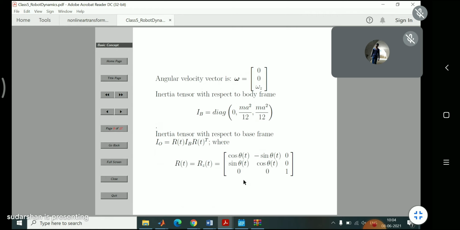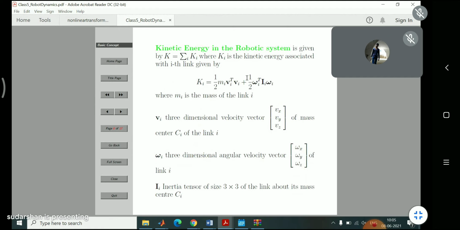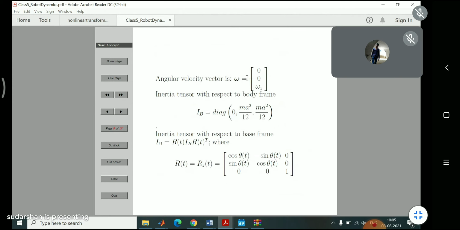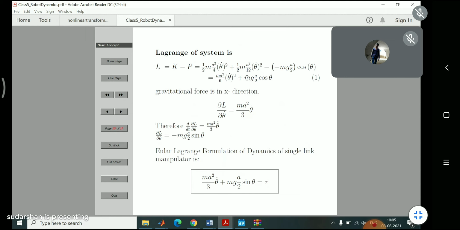So we have omega transpose I omega, the z component. So we take ma square by 12 times theta dot whole square.